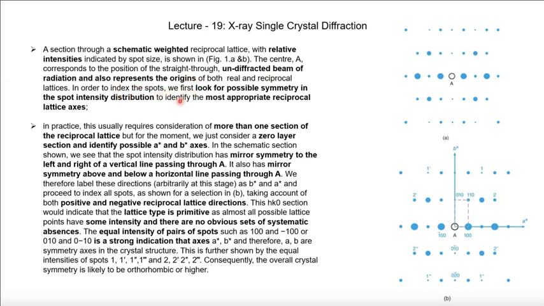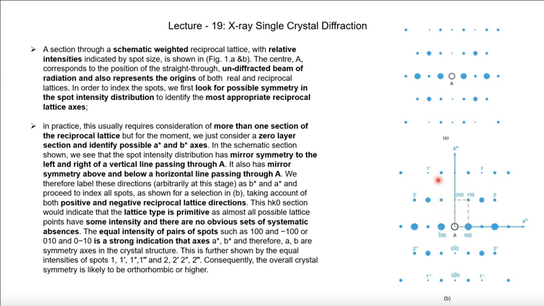And we look for the possible symmetry and the spot distribution to identify the most appropriate reciprocal lattice axes. That is what we explained here, how this a star, b star, we have already done. And then you see the equal intensity spots.